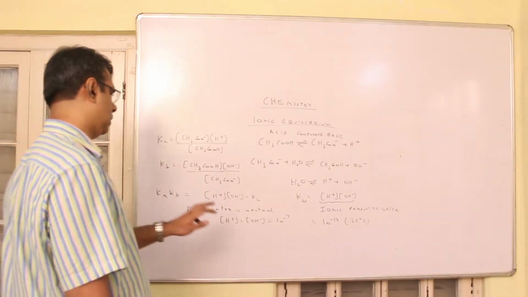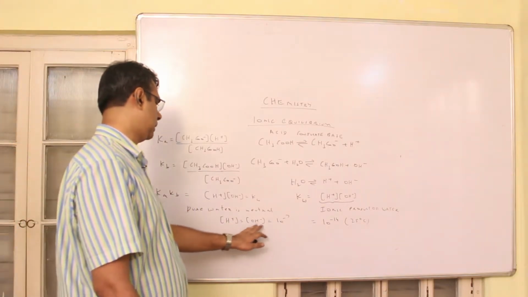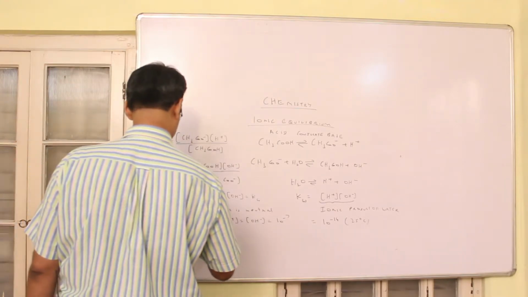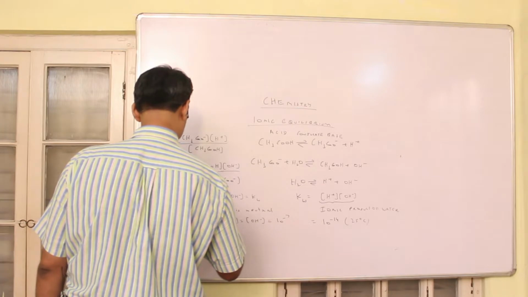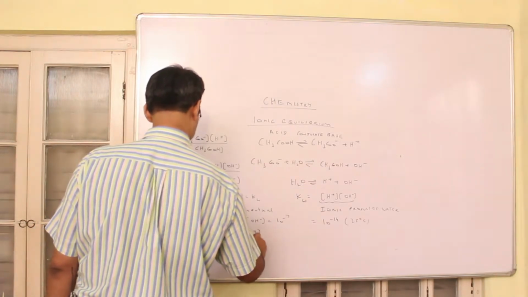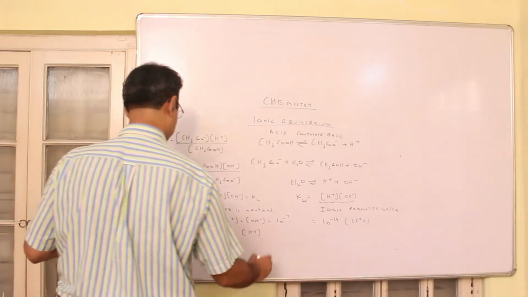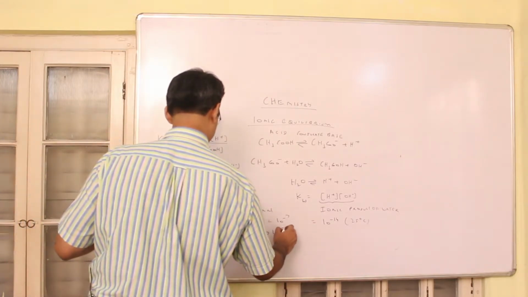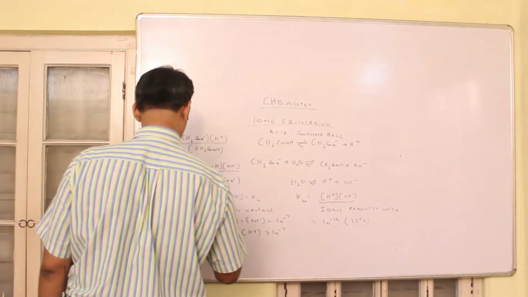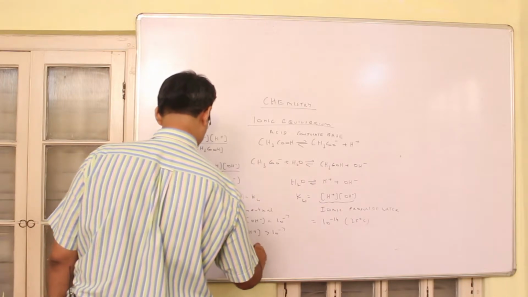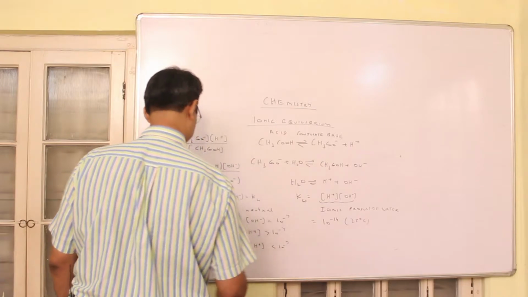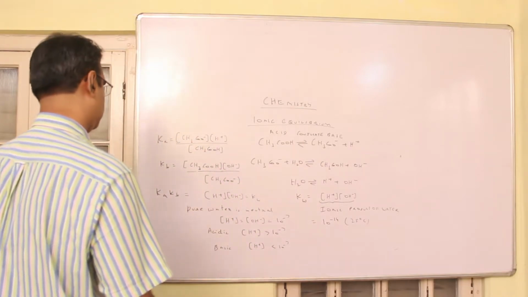So if you have an acidic solution, then the concentration of H plus will be more than 10 to the power minus 7, and if you have a basic solution, the concentration of H plus will be less than 10 to the power minus 7.